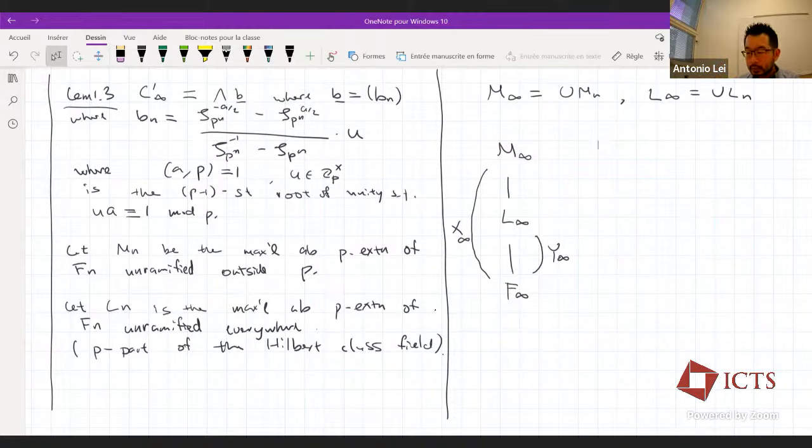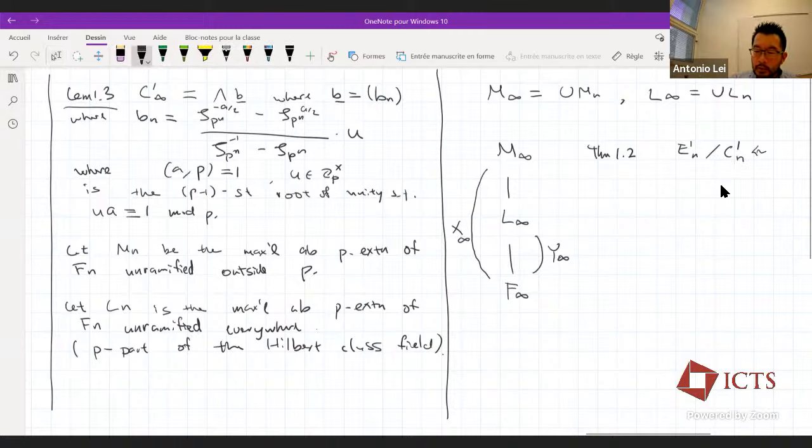Remember, in Theorem 1.2, we know that the quotient of the global units E_1 infinity by the cyclotomic units is related to the p part of the class number.